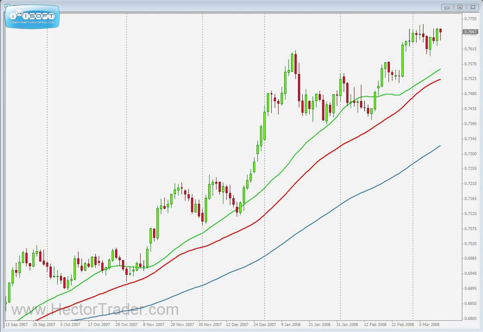The moving averages point you in the direction of high probability trades. In this case, clearly you want to be searching for long entries. Long entries are high probability trades, short entries are a bad idea, okay.